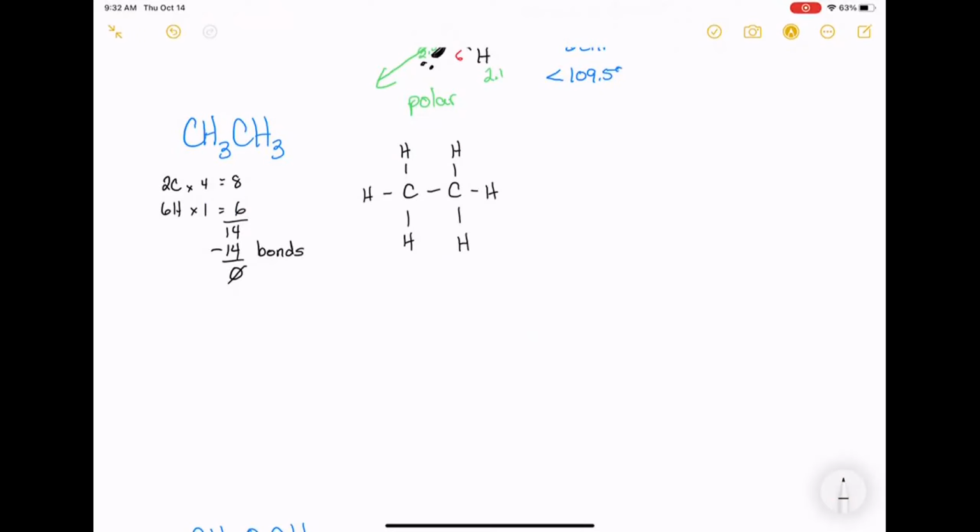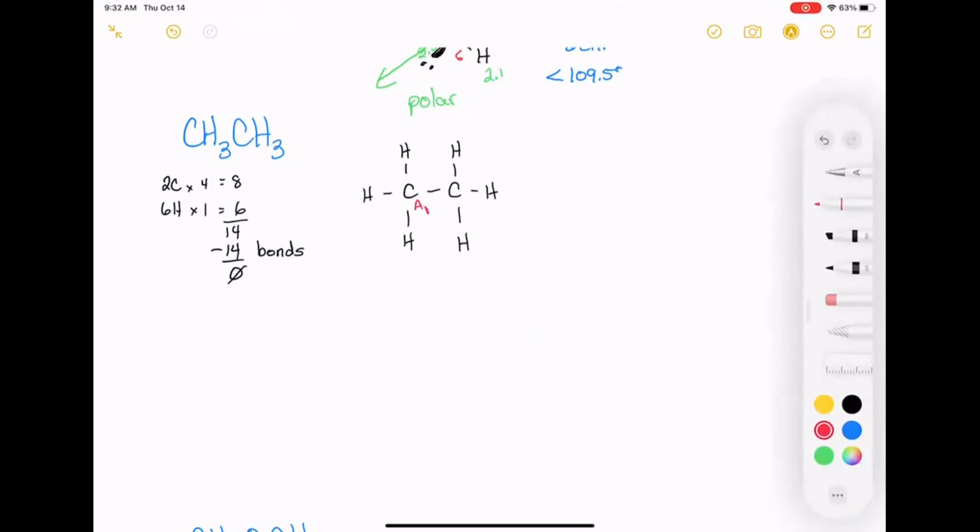Now, when we're trying to determine the geometries, again, you start with the central atom A. Let's call this A1 just to make it easy.